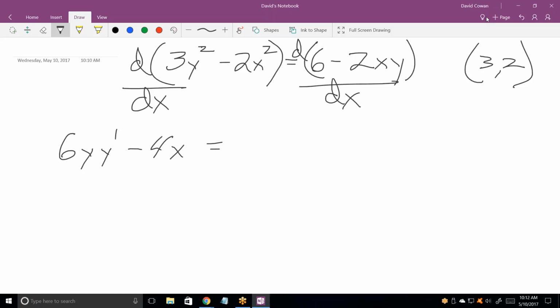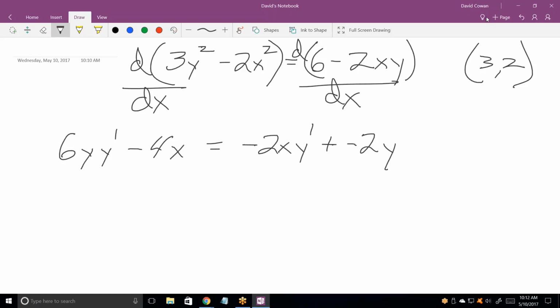So then it would be negative 2x times y prime plus, or minus 2y. Perfect. There we go.